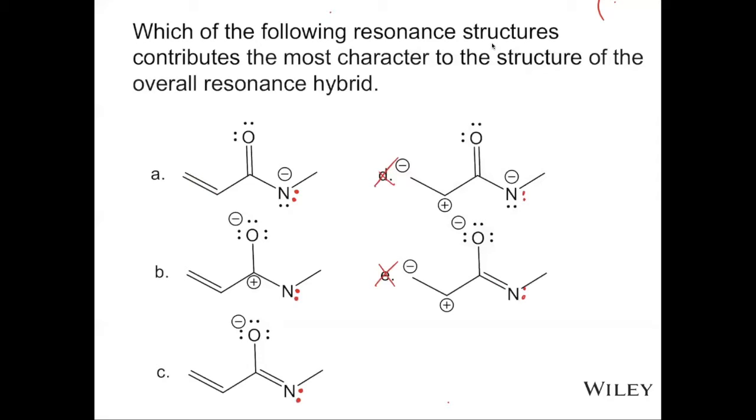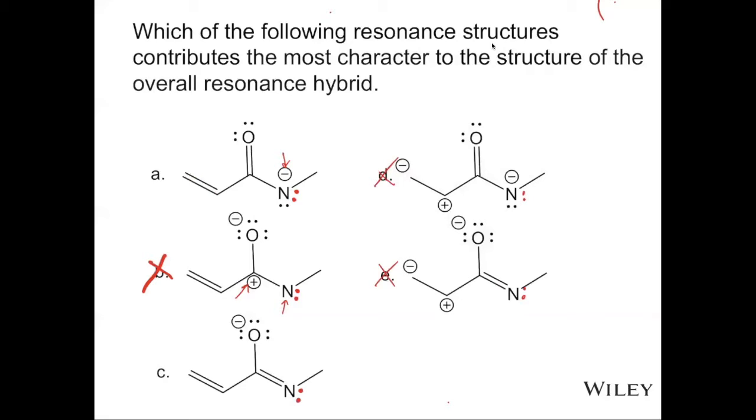If we look at A, we have a negative charge on the nitrogen and everything has an octet. If we look at letter B, we see that nitrogen does not have an octet, carbon does not have an octet, and oxygen is negative. So oxygen being negative is good, right? We want the most electronegative atom negative, but we got some octet things going on. So I think B is absolutely not correct.